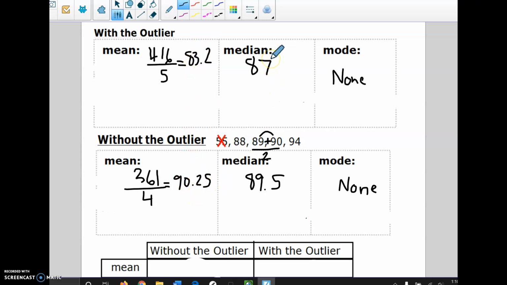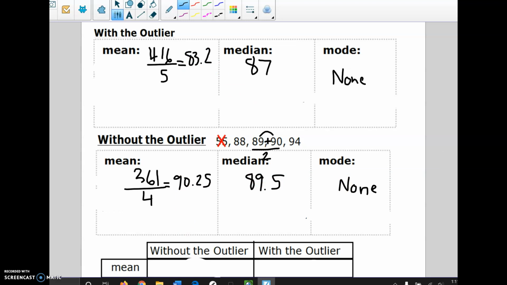The median is much closer. The median is 89 versus 89.5 if I have the outlier versus not having it. That's why the median is the best way to describe the numbers when there's an outlier, because the median isn't affected as much as the mean is when you take the outlier out.